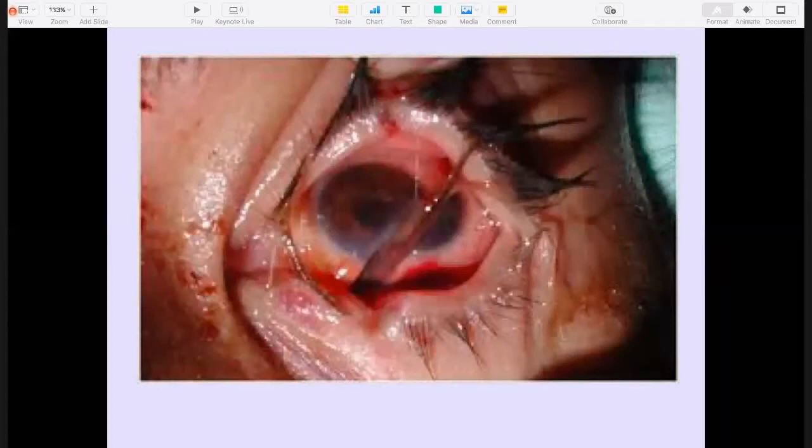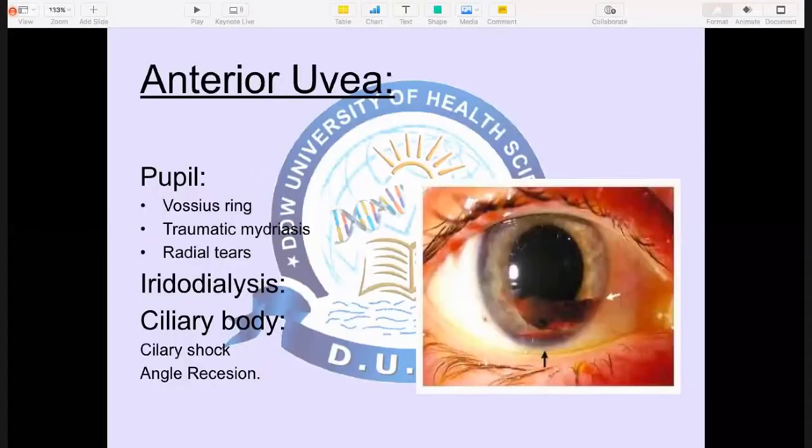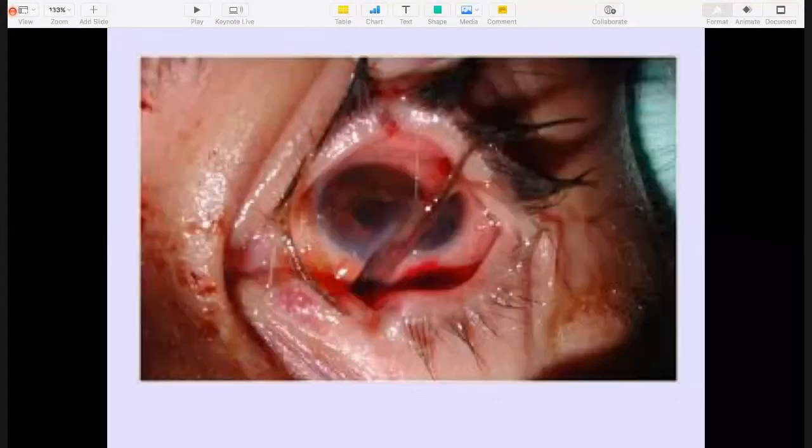What do you think is happening to this particular patient over here? Yes, there appears to be penetration.